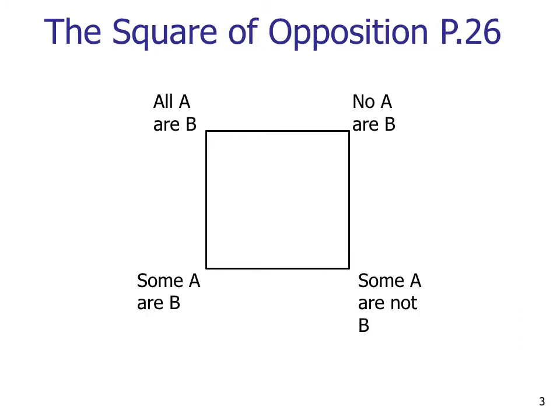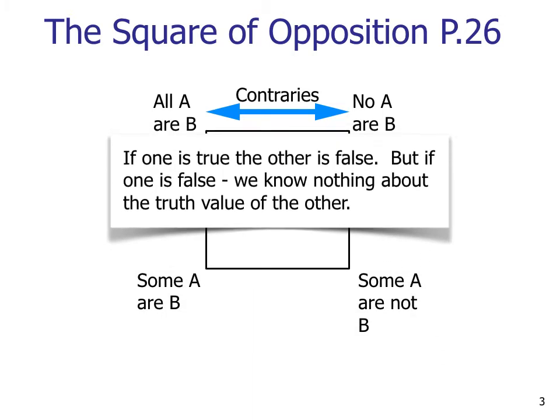So let's look at this. This relationship between all A are B and no A are B is known as contraries. If one is true, the other is false. But if one is false, we know nothing about the truth value of the other.